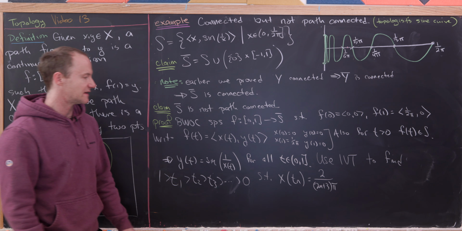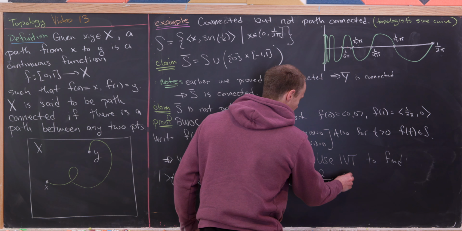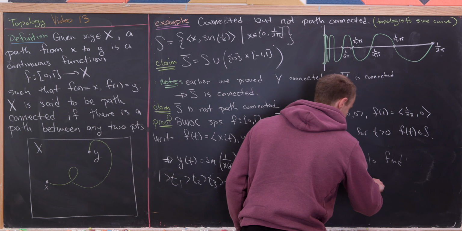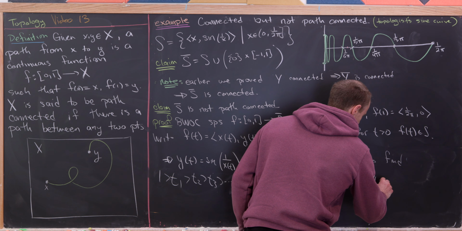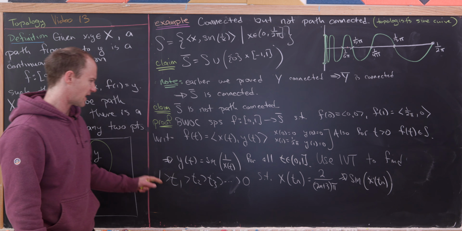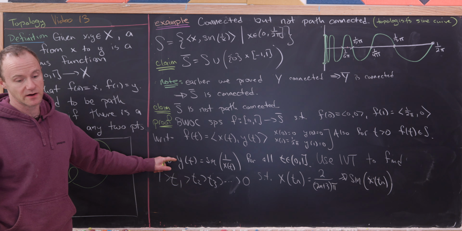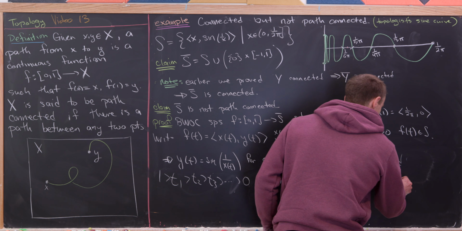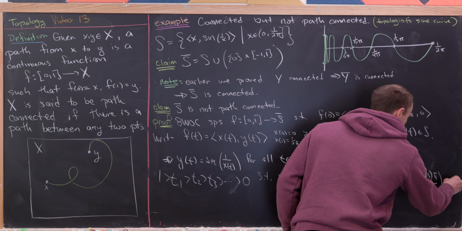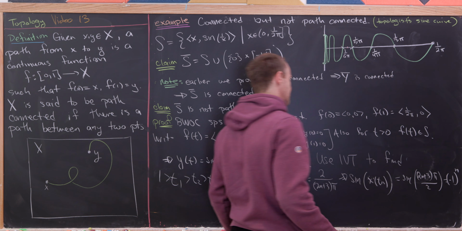But now we'll see that this will immediately be a problem. Let's observe that sine evaluated at x of t sub n, which is our y of t sub n by this rule right here, is going to be equal to the sine of (2n plus 3) times pi over 2, which is equal to minus 1 to the n.